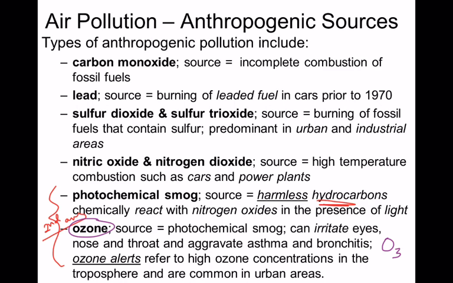So good ozone, and there's a hole that occurs over the polar area in the spring. But bad ozone is in the troposphere, and it is a secondary pollutant, also involving the sun, which helps form this ozone.